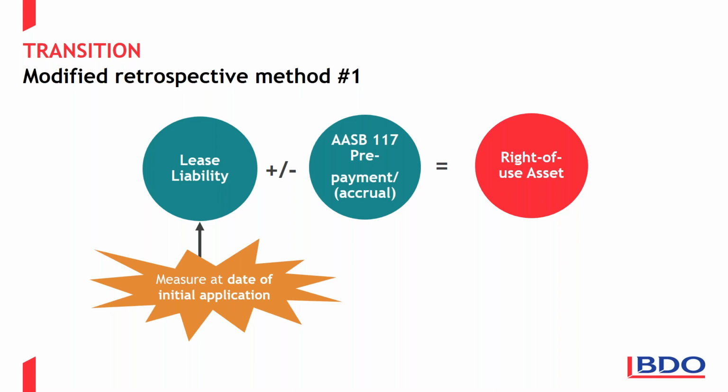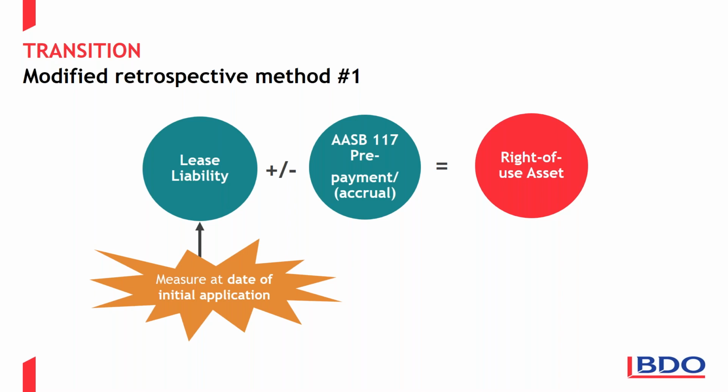And that is, we want to get rid of whatever prepayment or accrual we had under AASB 117 to get to that even operating expense in the olden days. And the difference between that will give you the red circle, the right of use asset.